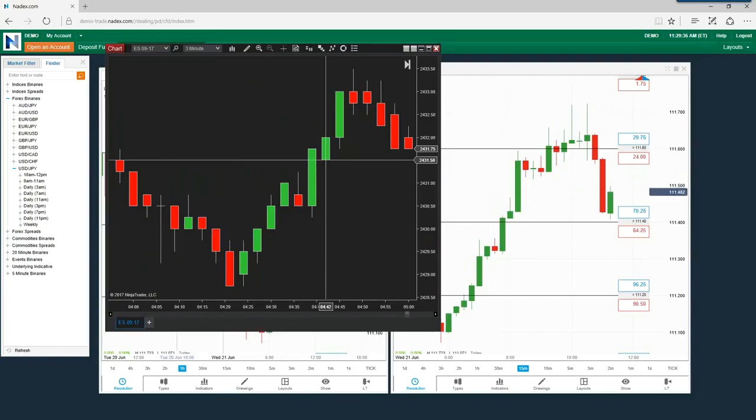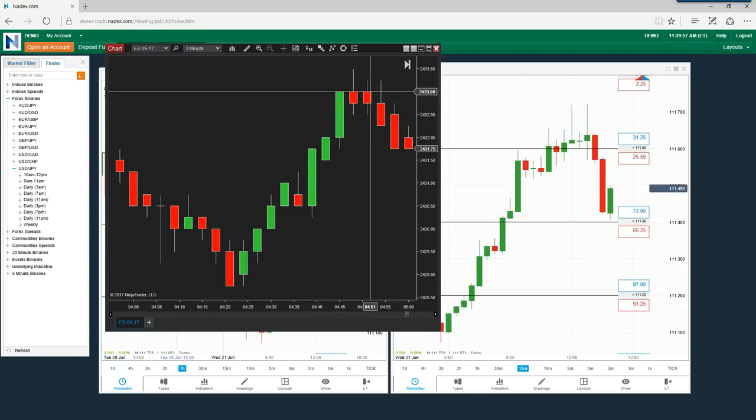What is the difference between the body of the bar and their wicks? The wicks identify the highs and the lows. The body actually identifies the open and the close. Open on a green candlestick is at the bottom, close is at the top.